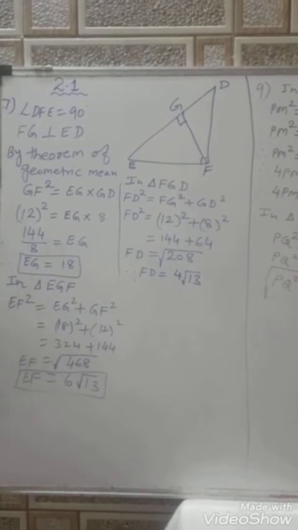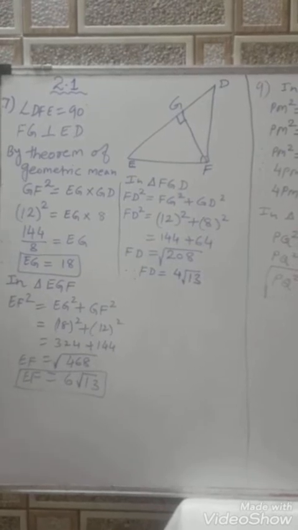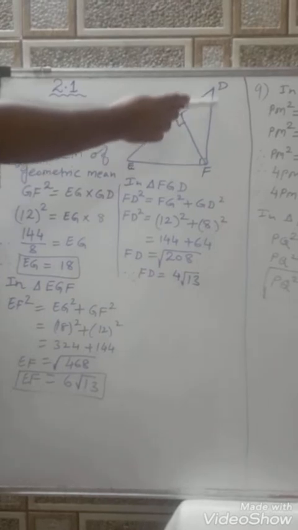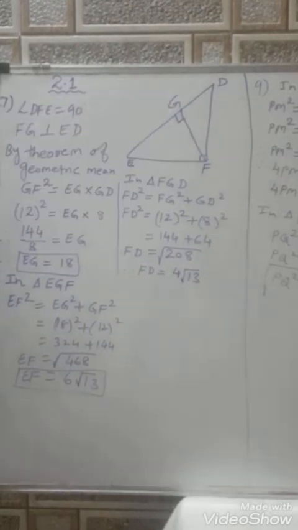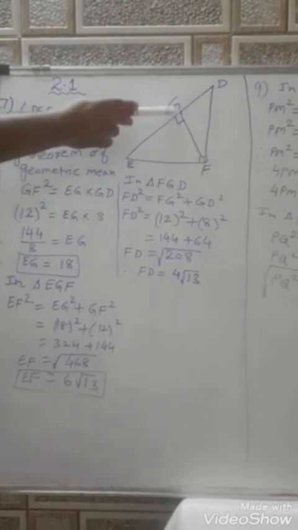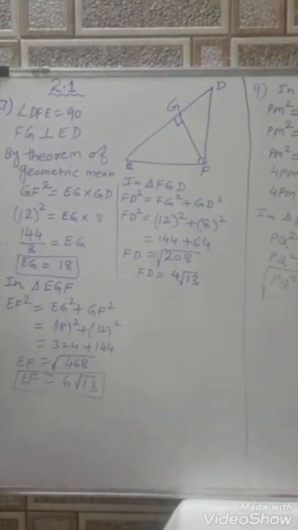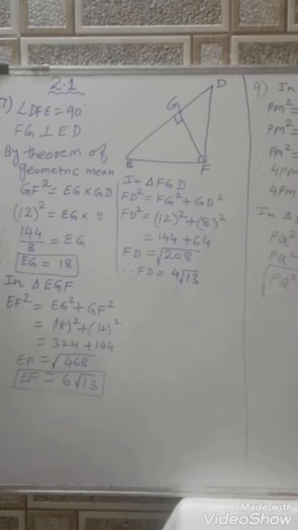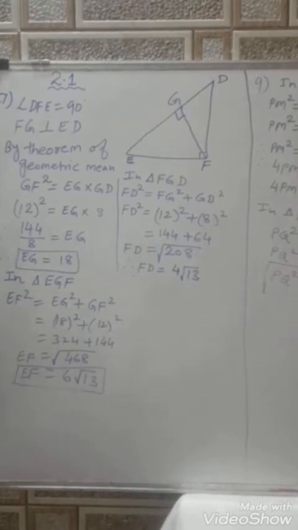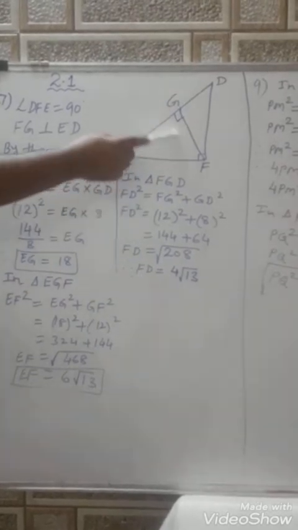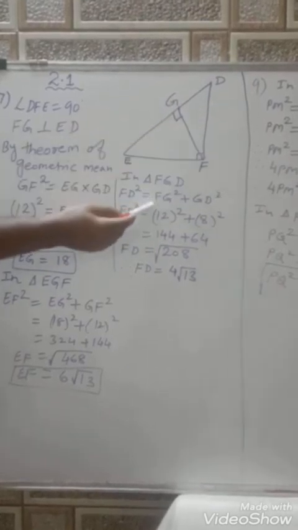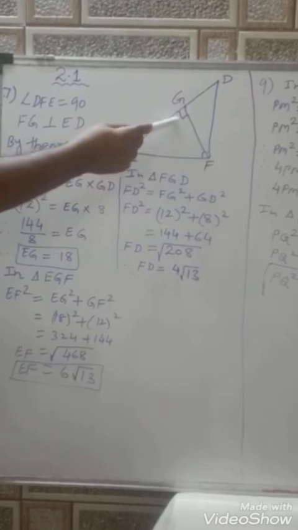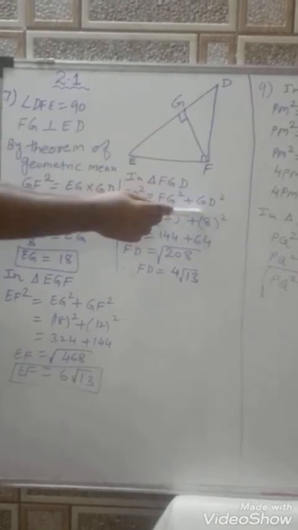Now we find the second one, FD. How to find the FD? We use this triangle, triangle FGD. In that G equals 90, so it's a right angle triangle. It means we can use the Pythagoras theorem. So FD square equals FG square plus GD square.